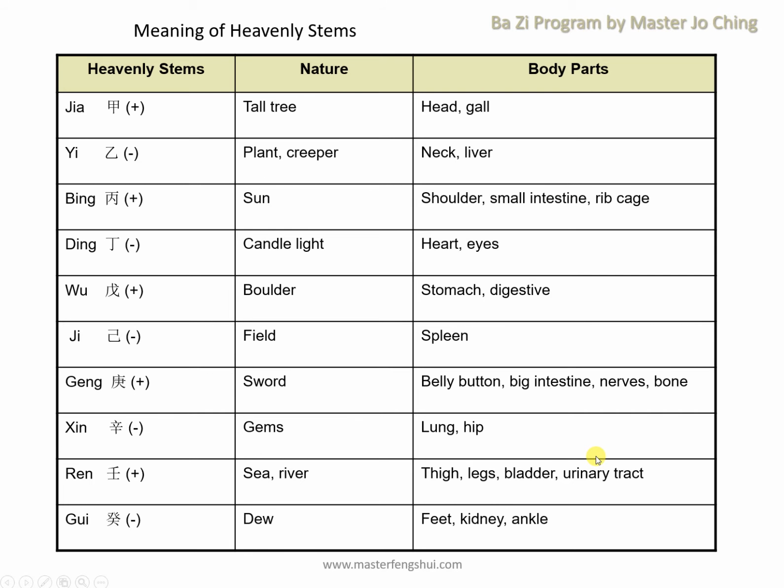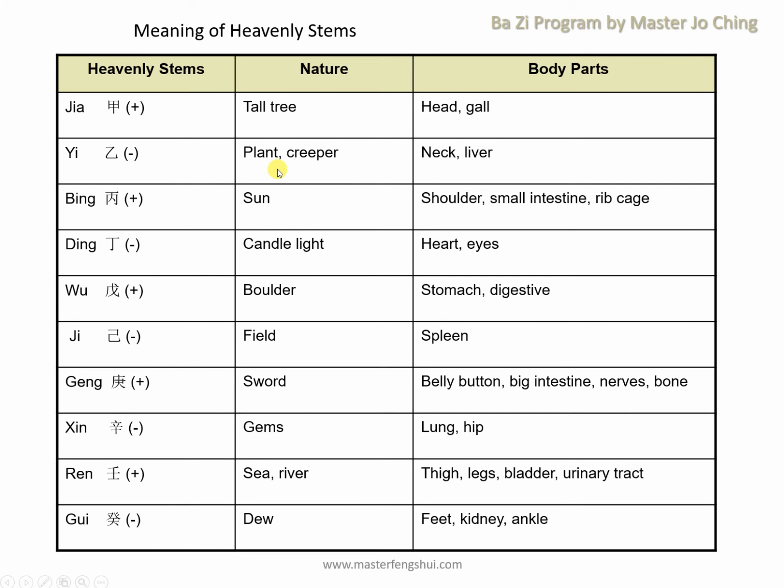So I also provide you with further meaning of the heavenly stems, in terms of nature, what are they symbolizing? All these can be found in basic BaZi textbooks as well as in the classics. So these are actually from the classics. They say that Jia wood is represented by a tall tree.